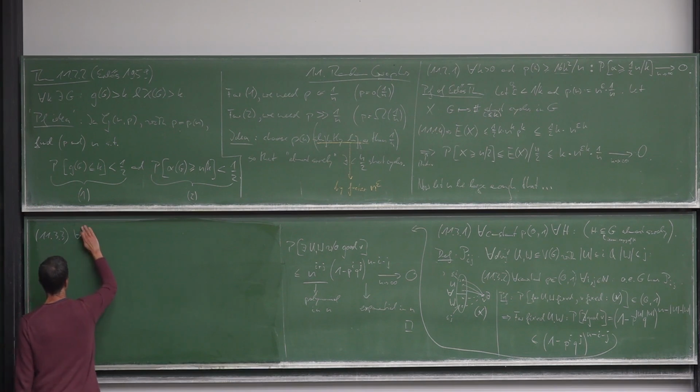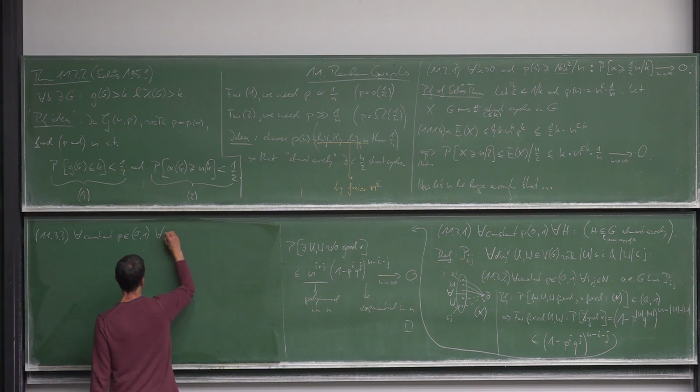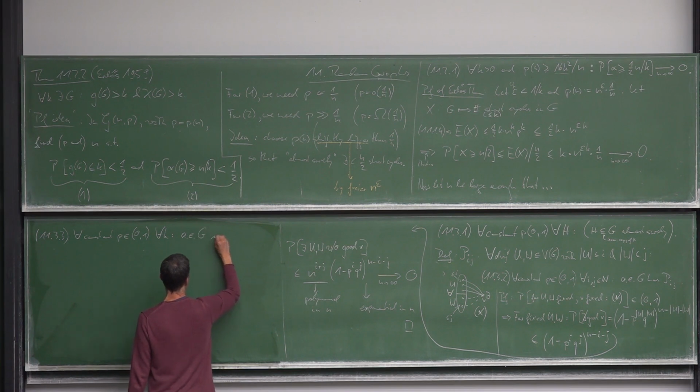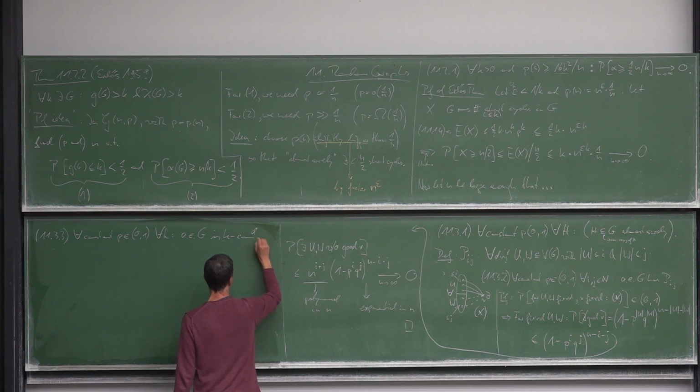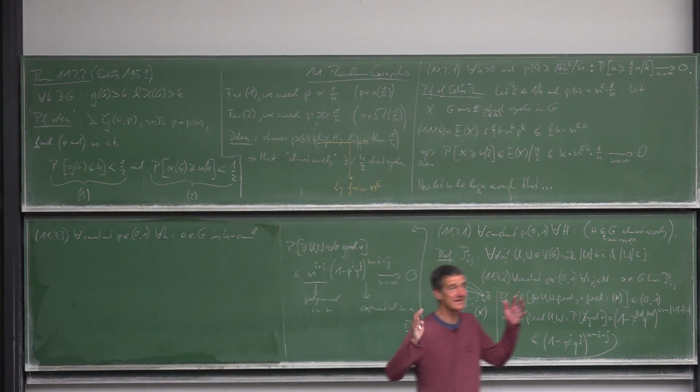For every constant p in (0,1), and for every k, almost every G is k-connected. Really? I mean, k is a million, right?